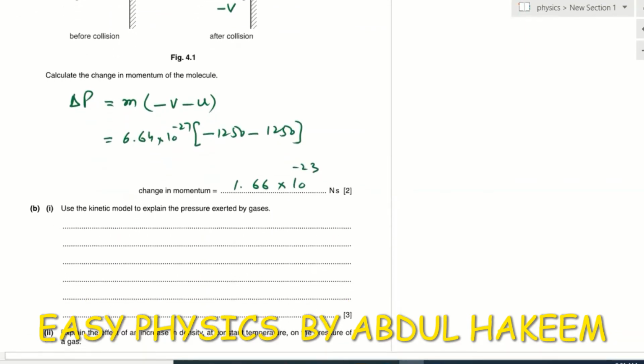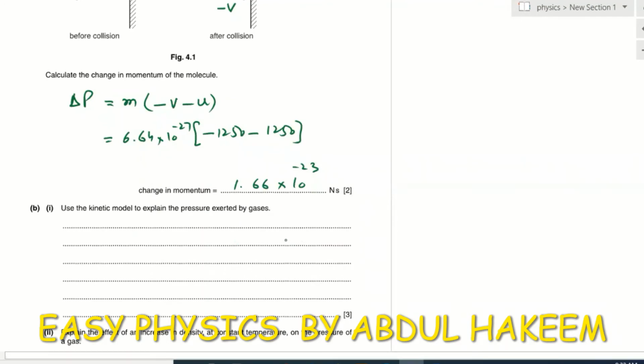Now use the kinetic model to explain the pressure exerted. The answer is: molecules collide with the walls of the container. Due to collision, there is a change of momentum. Rate of change of momentum causes force, and the force exerted per unit area develops the pressure.